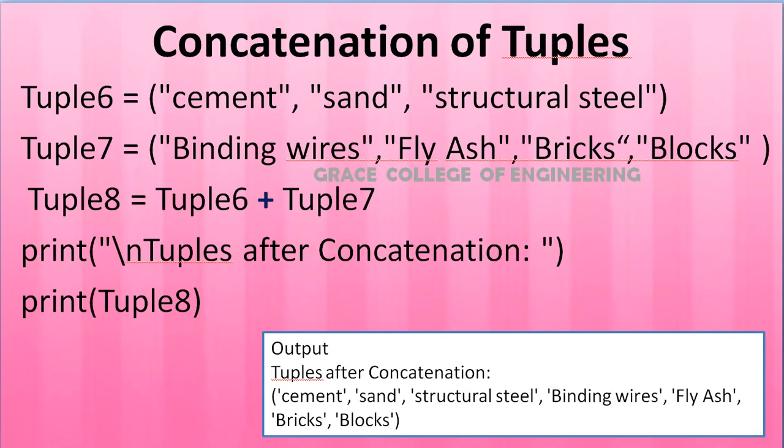Then concatenation of tuples. To join two tuples, we can use the plus operator. Tuple 1 is created with the variable name tuple 6, and the next tuple with the variable name tuple 7.